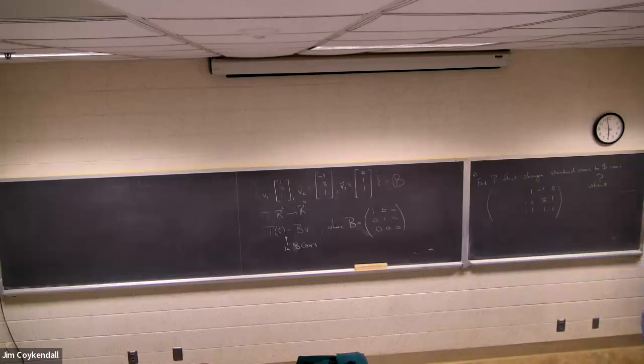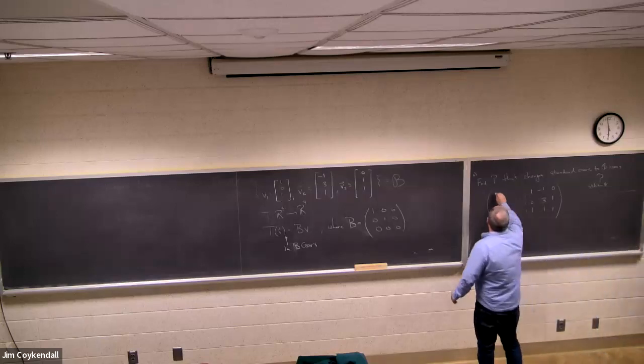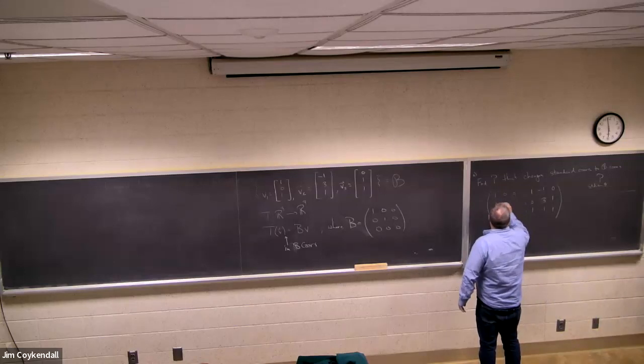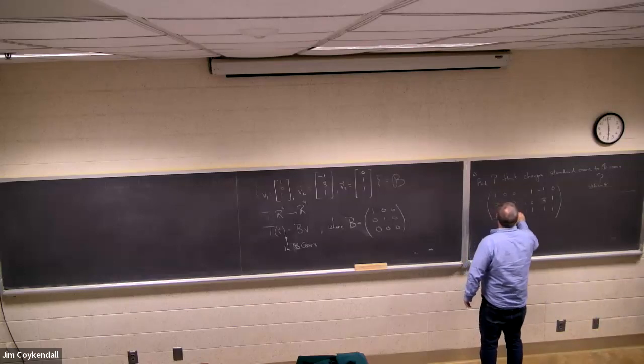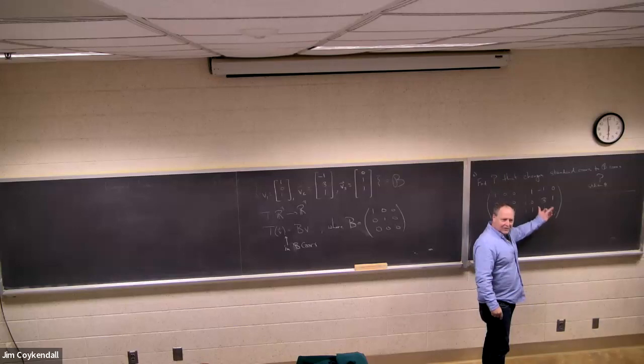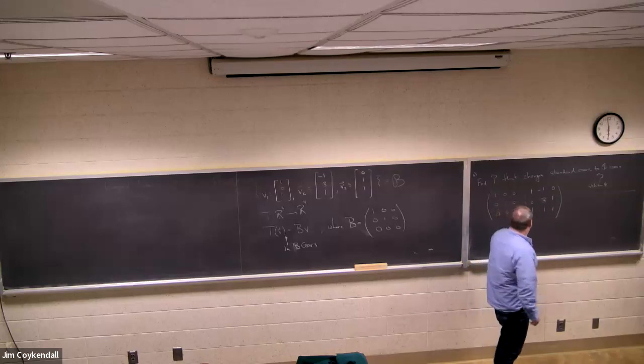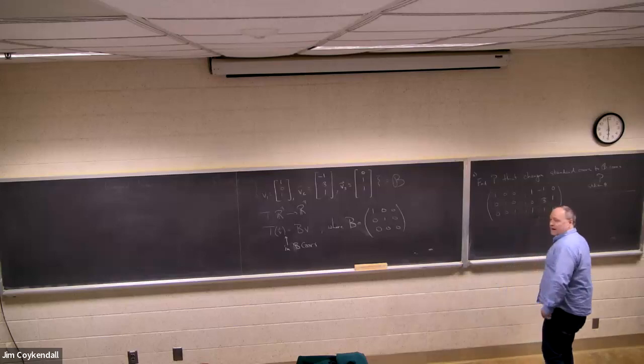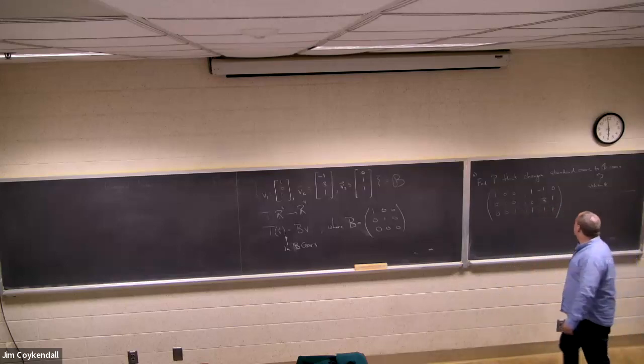And what should I fill in on that side for standard? The identity matrix. So what is this algorithm really doing? It's finding the inverse of this, and if this changes B to standard, the inverse will change standard to B, so it's all coming together. So I need to turn this side into the identity.